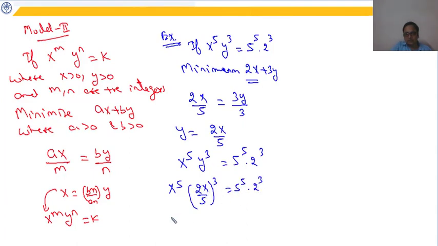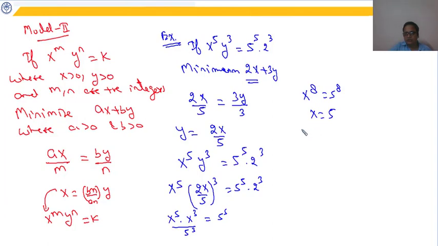This 2 cube will cancel out. So I got x to the power 5 into x cube upon 5 cube is equal to 5 to the power 5. So what I get, x to the power 8 is equal to 5 to the power 8, and since we have taken x greater than 0, so we take x equal to 5.